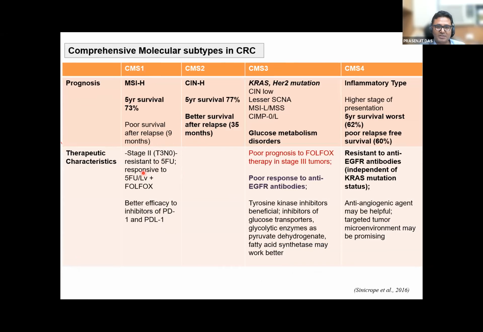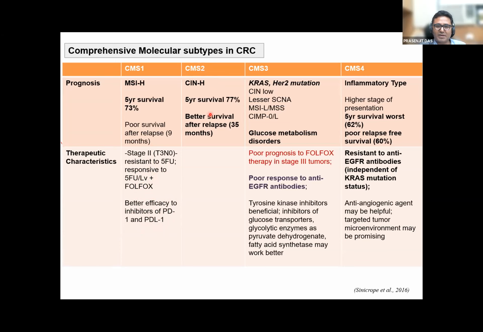Microsatellite unstable tumors, as you all know, can be resistant to 5-fluorouracil alone. So in this, a combination therapy or FOLFOX therapy needs to be given, if at all in a stage 2 tumor, you need to give chemotherapy. And in CMS type 1 tumors, there is an indication of checking for PD-1 and PD-L1 for immunotherapy.